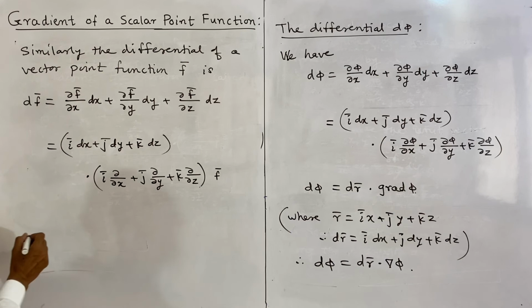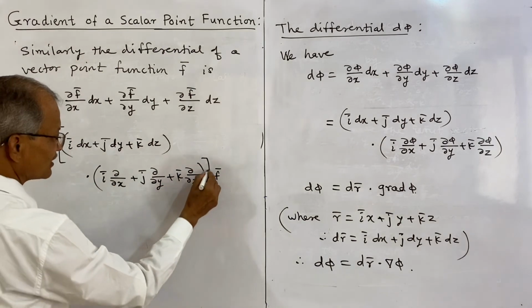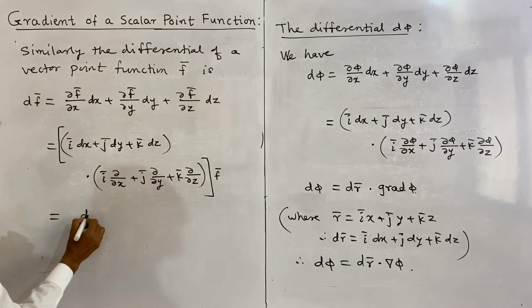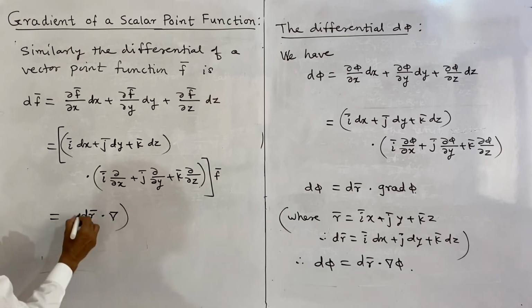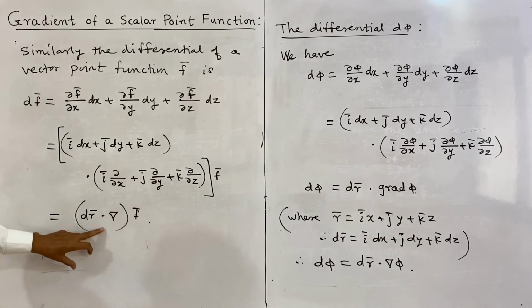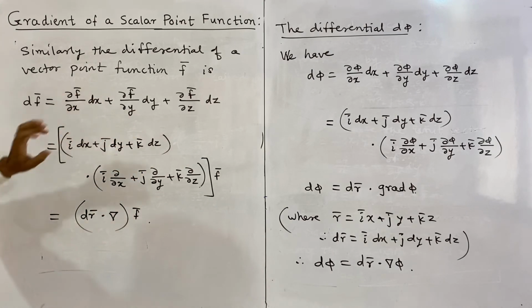So first this dot product is performed and then it is operated on f bar. So first vector is dr and the second is del, so dr dot del operated on f. So this will be the expression for the differential of a vector point function.